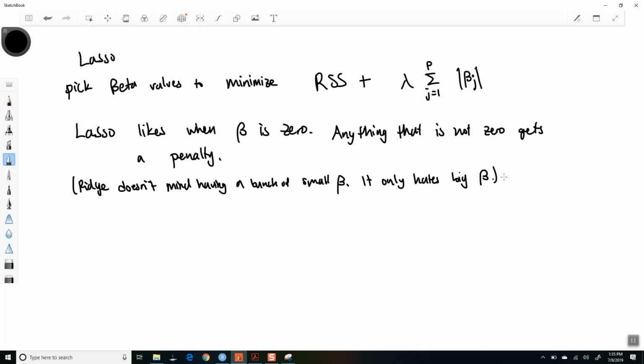Okay, so ridge doesn't mind having a bunch of little betas, right? 0.1 squared is 0.01, who cares, okay? It just really hates big betas, right? So beta is 100, you're getting a penalty of 10,000, okay? That's bad, right? Lasso, everybody gets a penalty, and it's only satisfied when beta ends up 0, okay? So anything that's not 0 gets a penalty, so lasso performs variable selection.